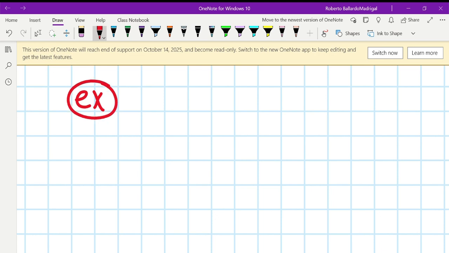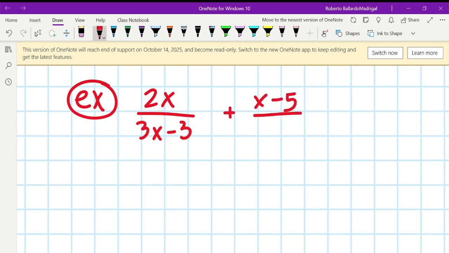We have 2x over 3x minus 3 plus x minus 5 over x squared plus 2x minus 3. Go ahead and copy this down. And we are going to have to do a lot of steps for this one. We will need to simplify this before we do anything else.